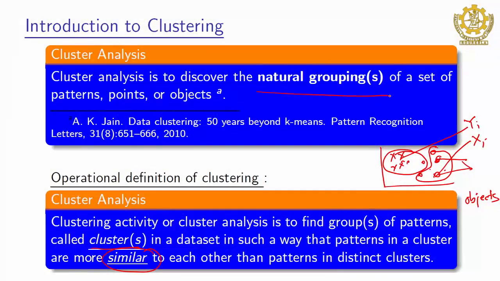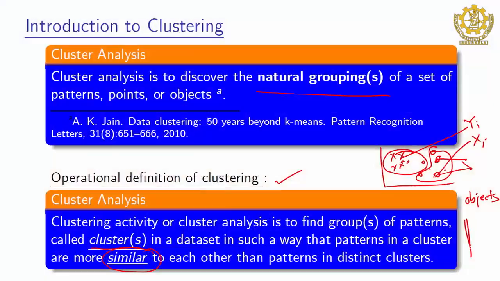So, we can compute the similarity between the objects and then find the group. Unlike natural grouping, where it is very difficult to do any computation, the second definition is widely accepted, because we have a way to compute the similarity between the objects, whether within the cluster or across the clusters.